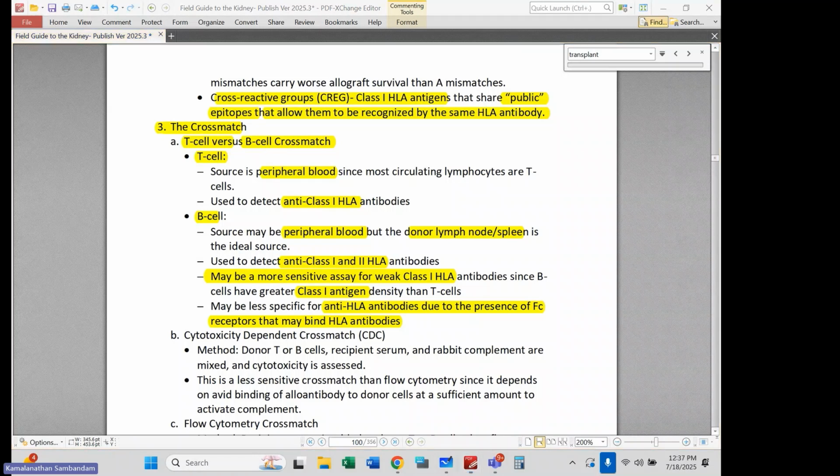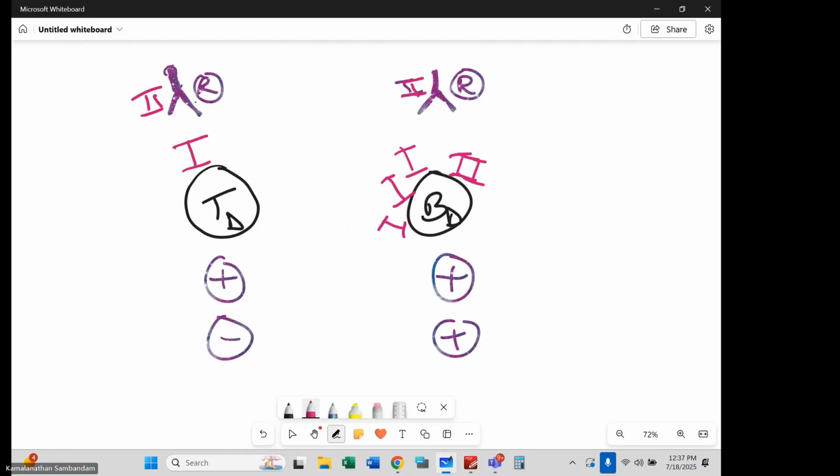I guess I should tell you, the way that we signal a positive result is we run recipient serum with donor T and B cells, and then we also mix in an anti-human globulin, something that binds immunoglobulin, that has a fluorescent tag bound to it, and we run it through a flow cytometer.